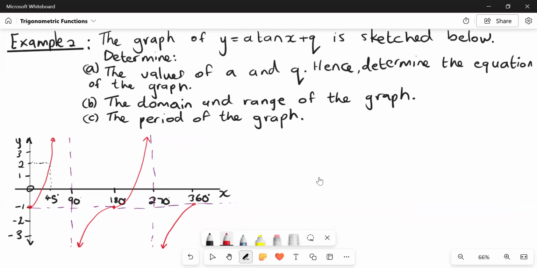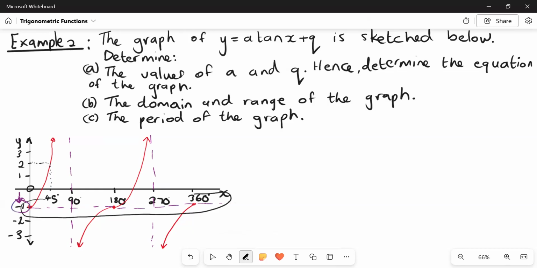So for our original graph of tan, the origin is at 0, 0. But this graph went down by 1 unit, as you can see there. So which means now the graph has a new origin at -1, as you can see this part here.